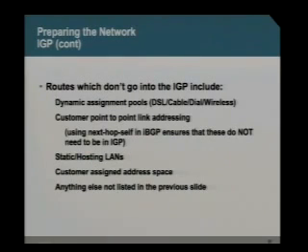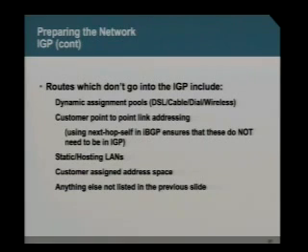So things that don't go into OSPF could include dynamic assignment pools, so DSL, cable, dial, wireless, customer point-to-point link addressing. If you're monitoring the links to your customers, don't put those links into OSPF, because every customer you have is one entry in the link state database. 20,000 customers later, you have a very big and scary IGP.